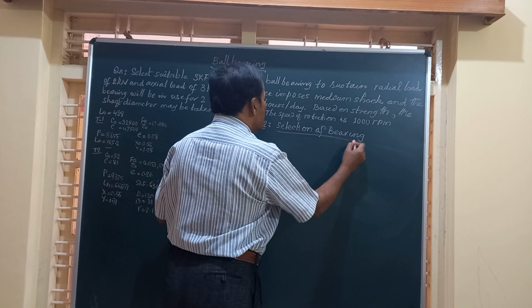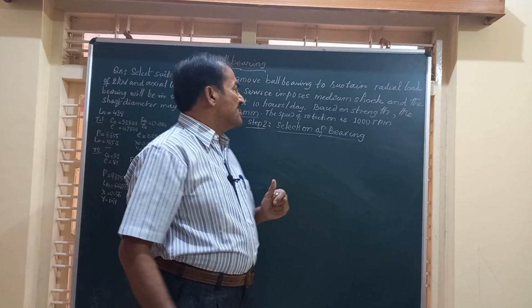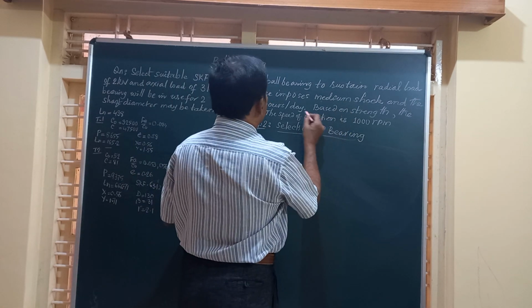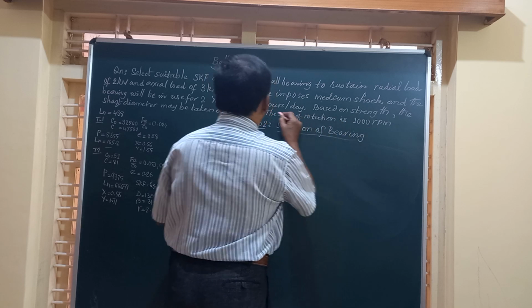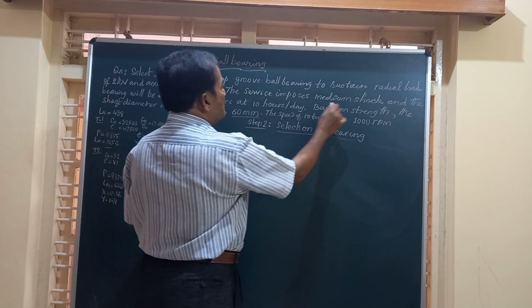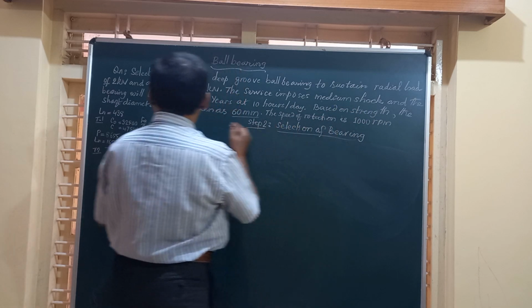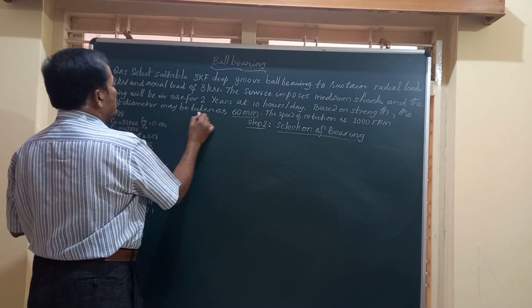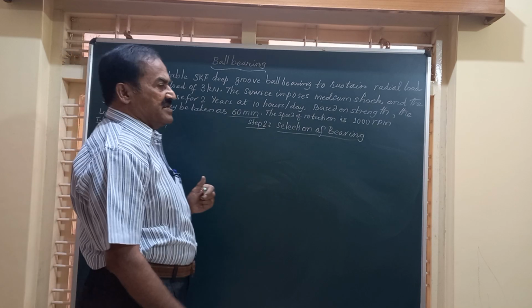So friends, in the selection of bearing, the diameter of the shaft is specified as 60 mm. We use for 2 years. The service imposed on that shaft, and based on the shaft diameter, may be taken as 60 mm. I have underlined.